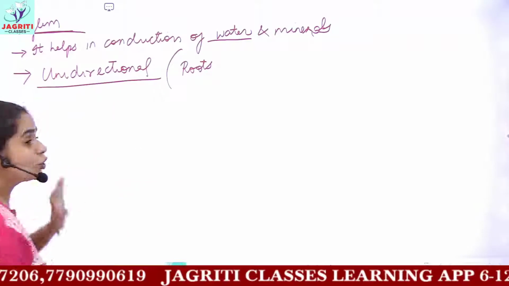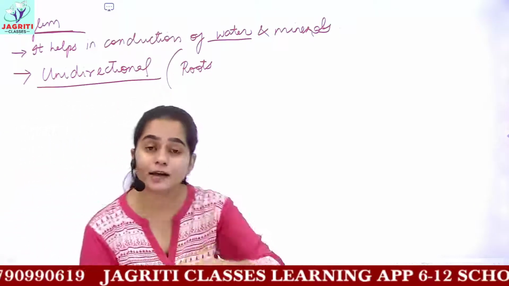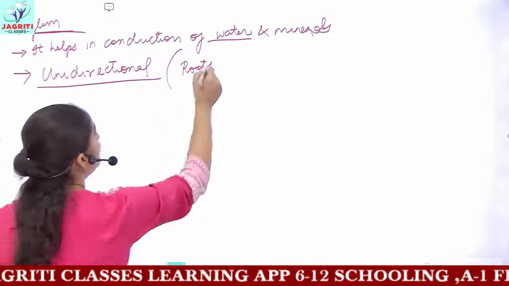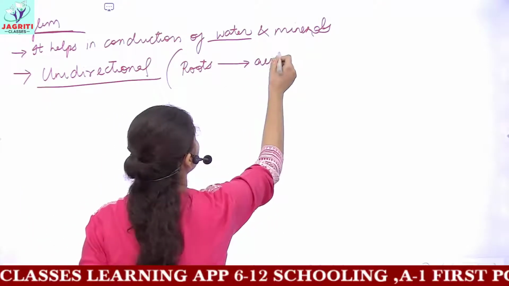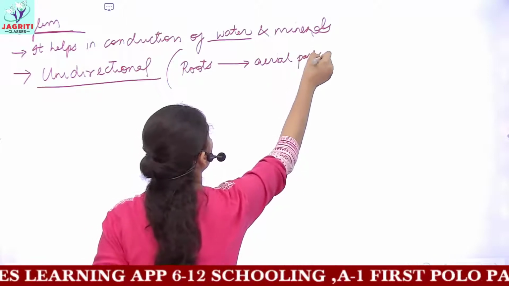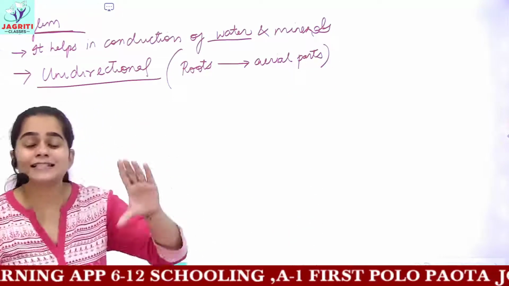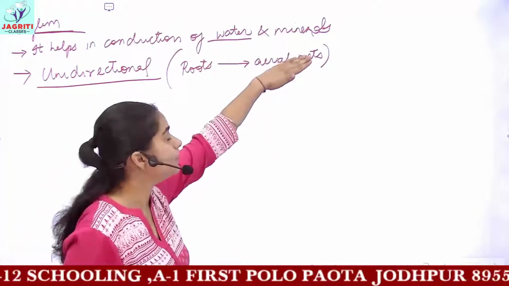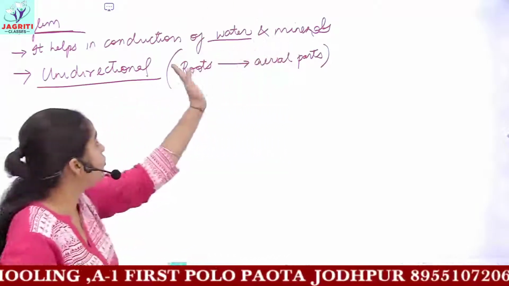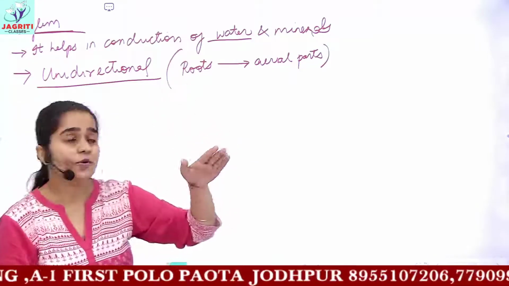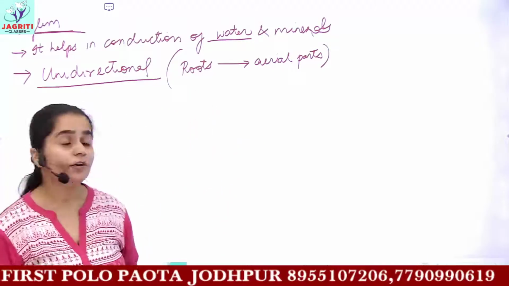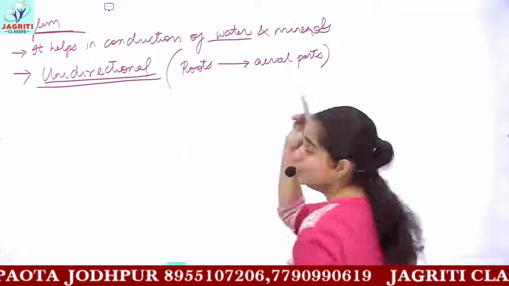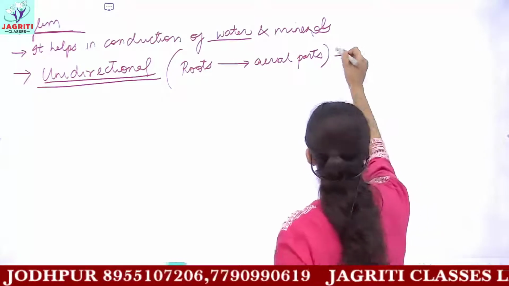So the movement is only unidirectional, from the ground to the top or apex of the plant, or from roots to the aerial parts of the plant. Aerial parts means the stem, branches, leaves and flowers which are exposed to the air, present above the ground, while the root is present below the ground, so it is called the underground part of the plant.